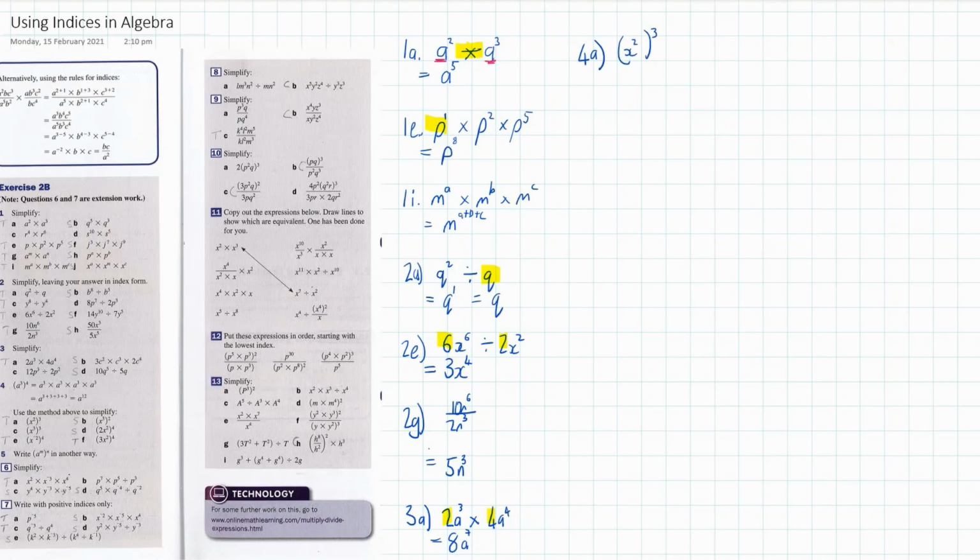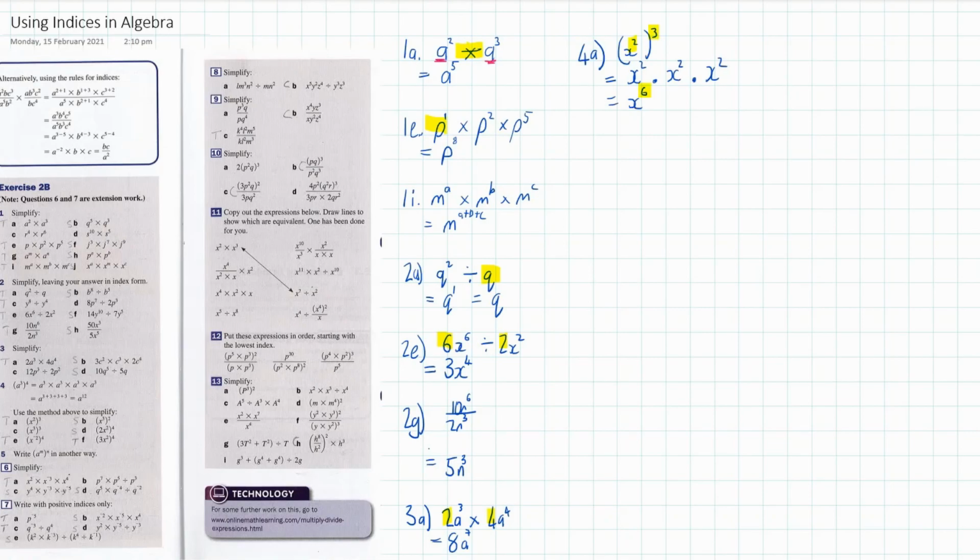Now what this actually means, I can simplify it as they've asked me to do, is x squared, and I'm just going to do a dot for times because it's going to get confusing otherwise, times x squared times x squared. And then we add all of those 2's together, 2 plus 2 plus 2, which is 6. Now what you will notice, I hope, is that 2 times 3 is 6. So that is the shortcut method when we've got a bracket.